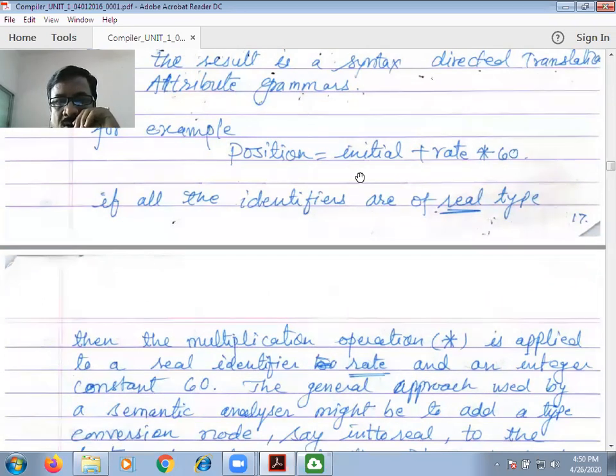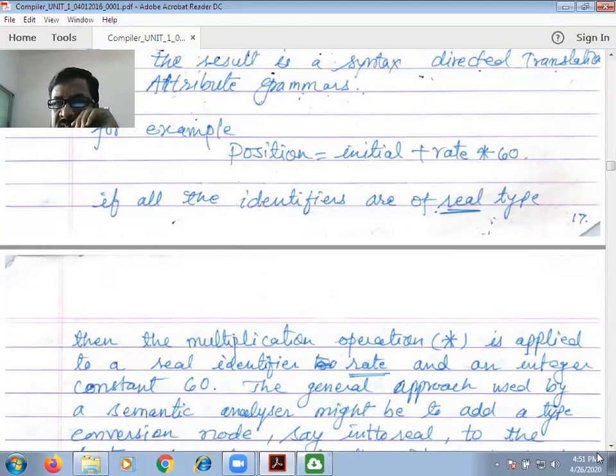Suppose all the identifiers position, initial and rate are considered as real. Then rate multiplied by 60 is not possible because the value 60 is a number. So we have to check this semantic error, or we have to consider 60 as a real type, or put some converter to convert the constant 60 to a real type.